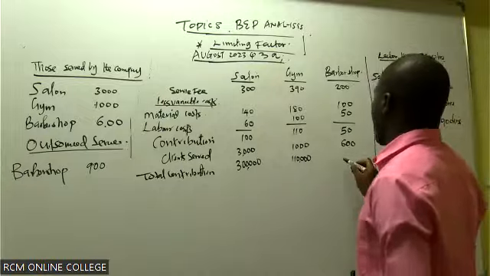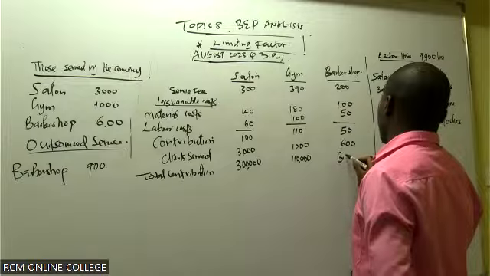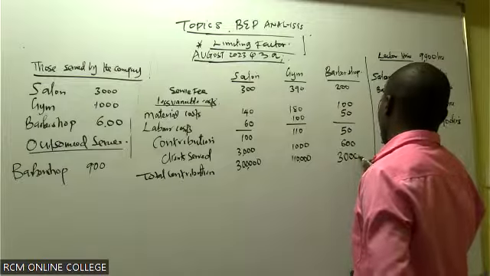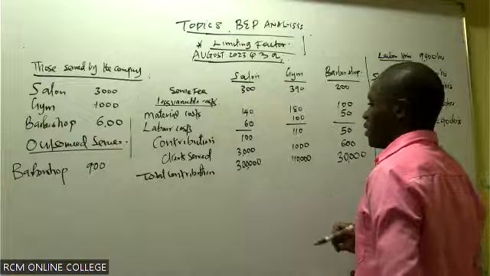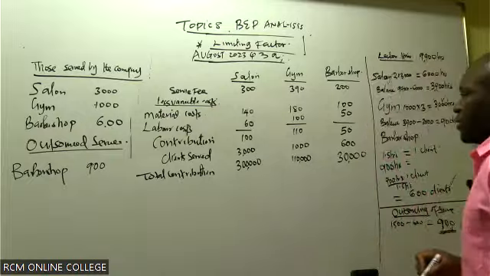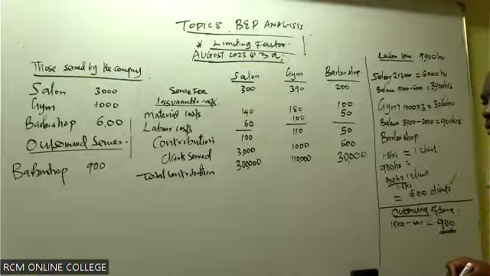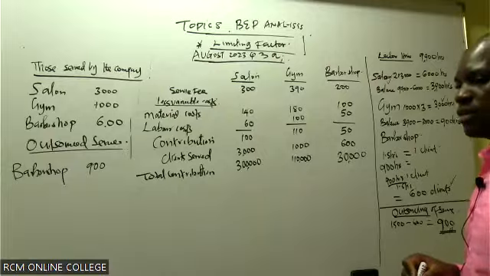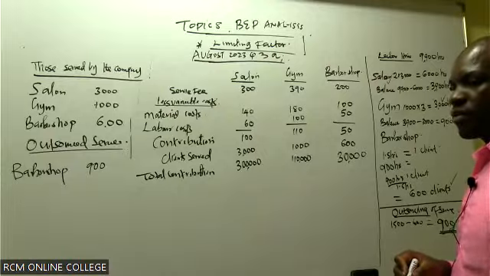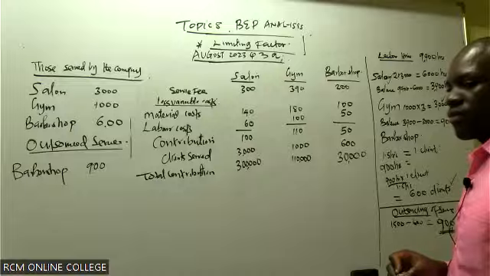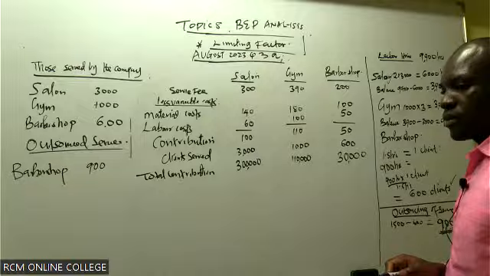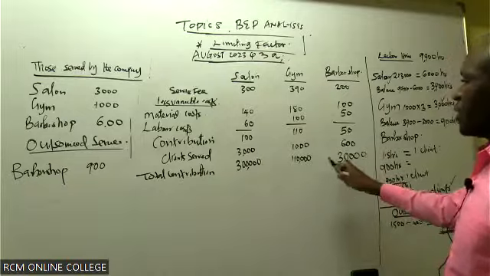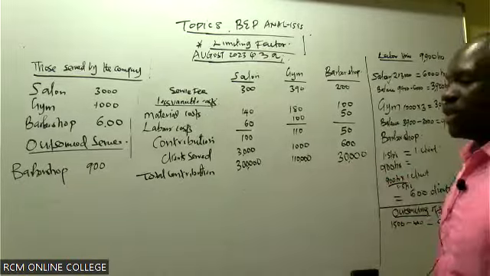And then here, will it be 30,000? Confirm if that is it. People are quiet. Are we together? We will be having 30,000, 110,000, 300,000. See, we have all those figures.